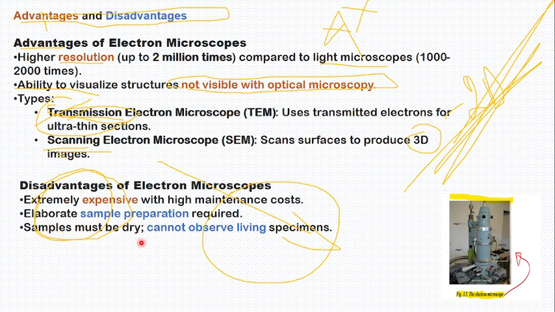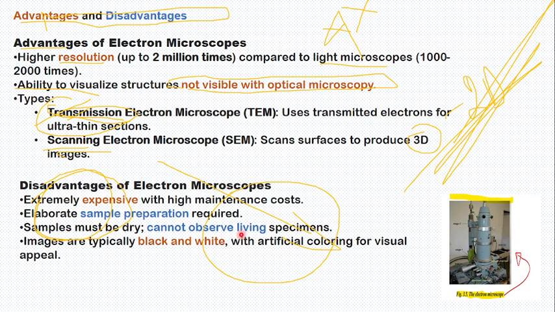Once it is dry, there is no life. They are like dust. So it cannot observe living organisms. The image is typically black and white. It means the image of an electron microscope never gives you color, just black and white. I hope you are understanding.